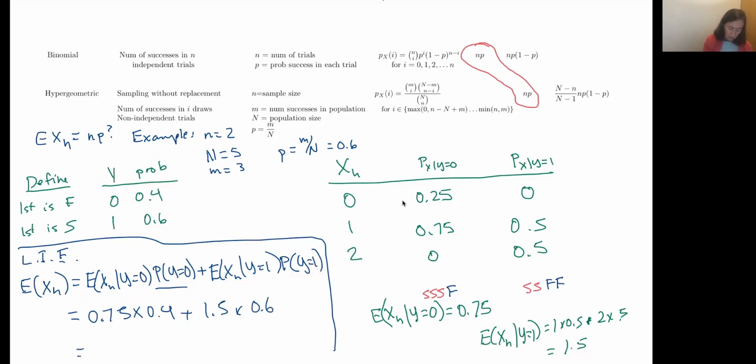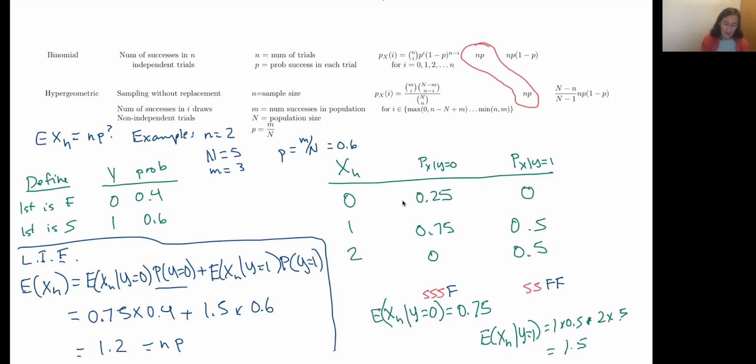And when we work that out, we get 1.2, which is indeed np. Okay. So yes, we are getting the answer that we expected. And by working through the law of iterated expectations, I think you can see the reason why the law of iterated expectations always works.